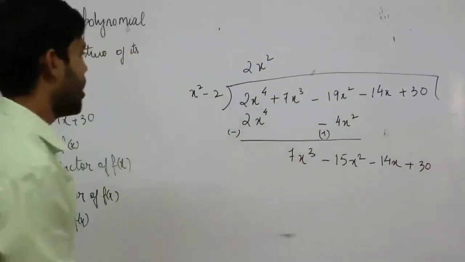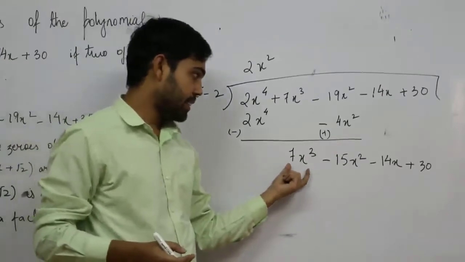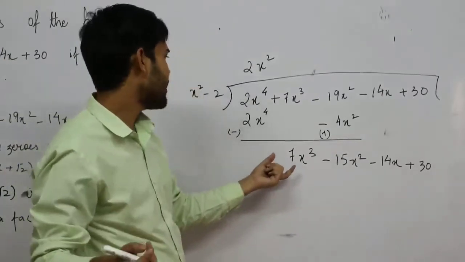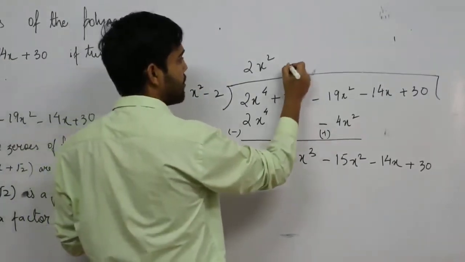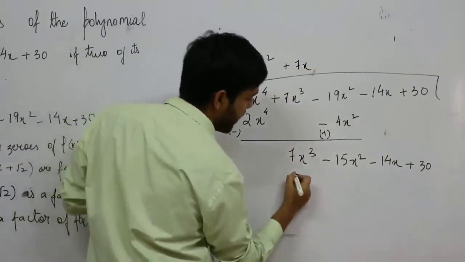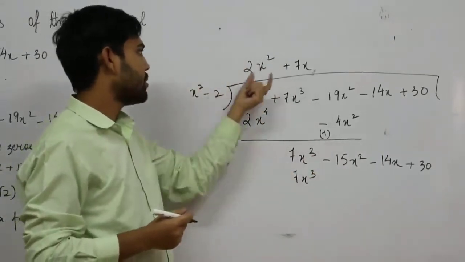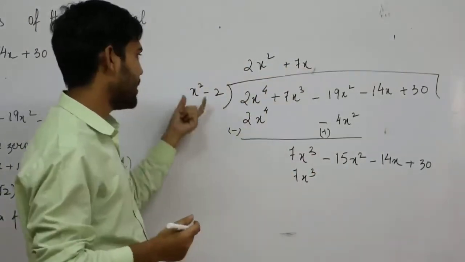Now I need to get a 7x cubed here. How to get a 7x cubed? I have to multiply by 7x. So plus 7x, and when I do this, I have 7x cubed. Minus 2 into plus 7x will be minus 14x.